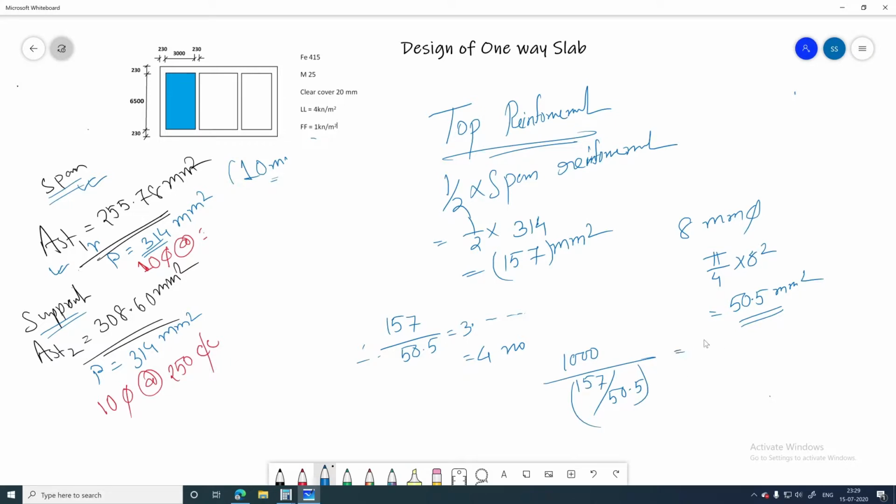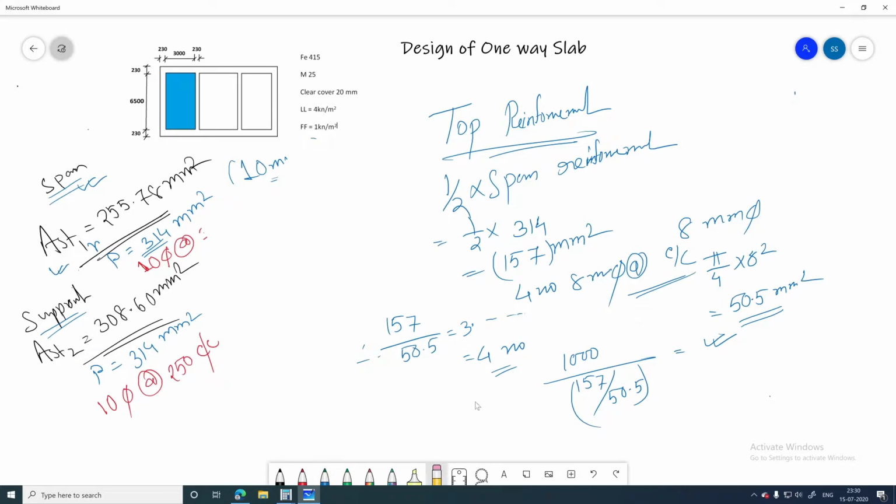So we will get the spacing. If you get the spacing and the number of bars, you can write 4 numbers of 8 mm dia at the rate of this much center to center. So in this way we can write. Now, top reinforcement is over.